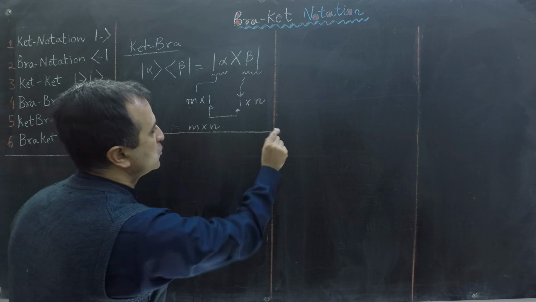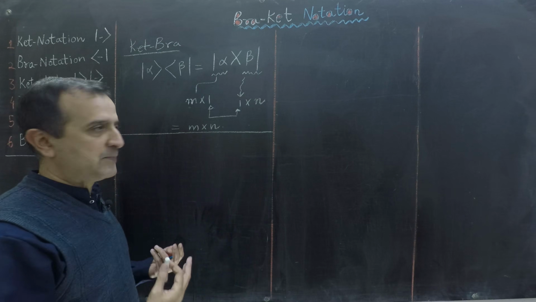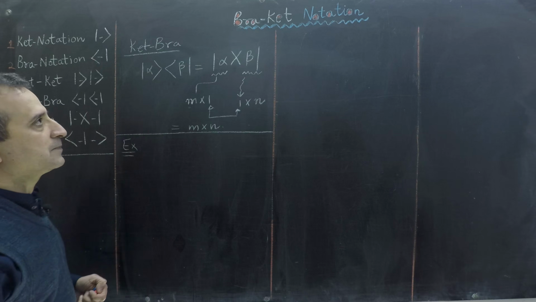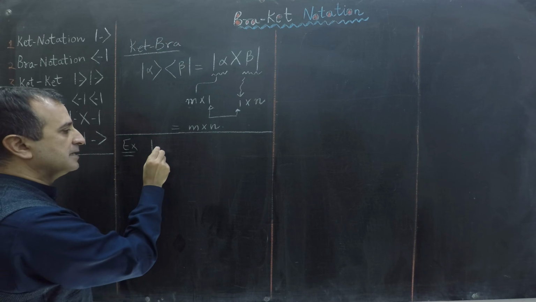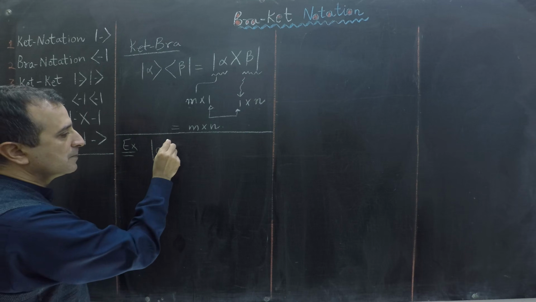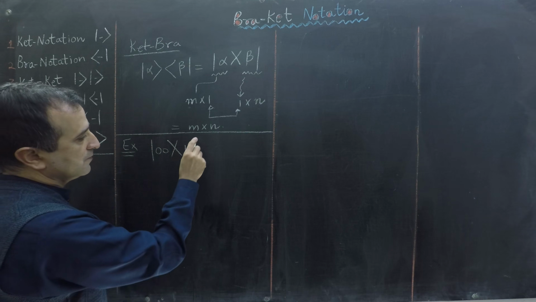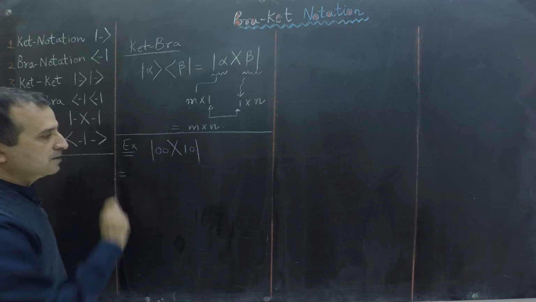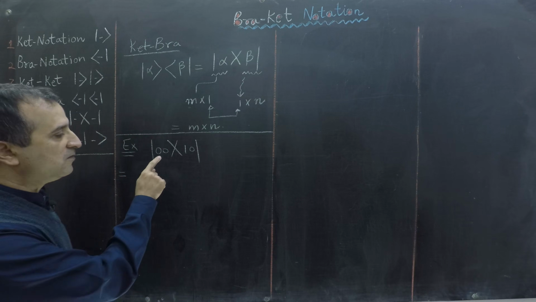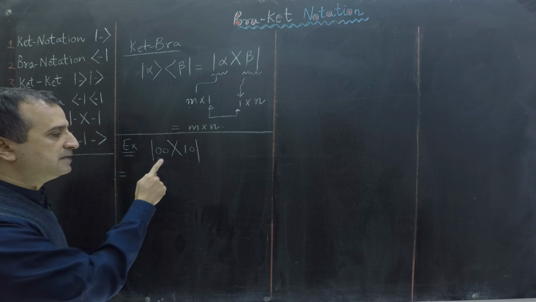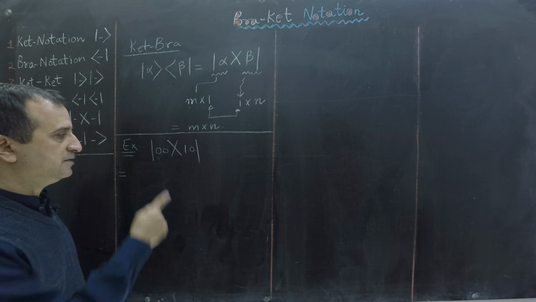Let's do an example to understand it better. In this example, I have to compute ket 0, 0 and bra 1, 0. Now I know this is a column vector whose 0th location has 1 in it and the rest of the locations have zeros.